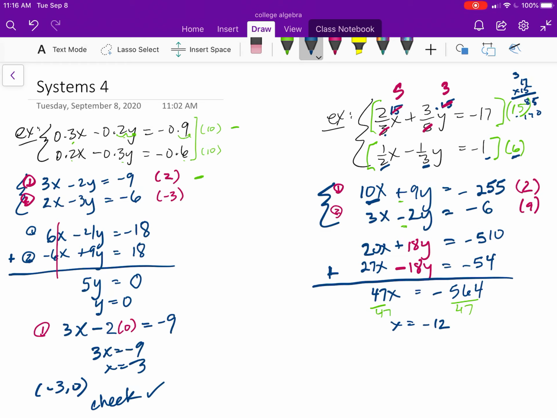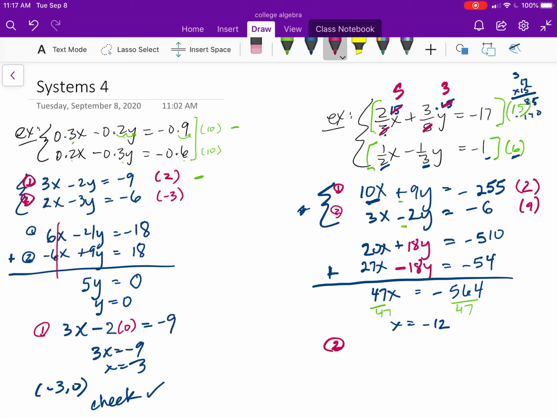Now looking at equation 1 and 2, even the fraction form, it's nice because it would cancel the denominator. But I would still rather not use a fraction, right? And looking at the 2 here, I'd much prefer to use equation 2. So let's do that.